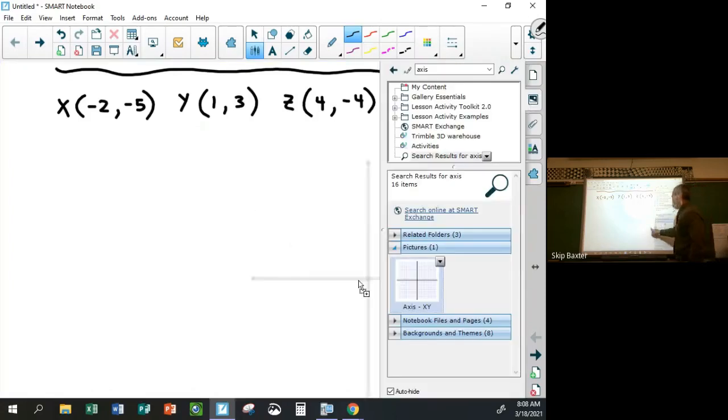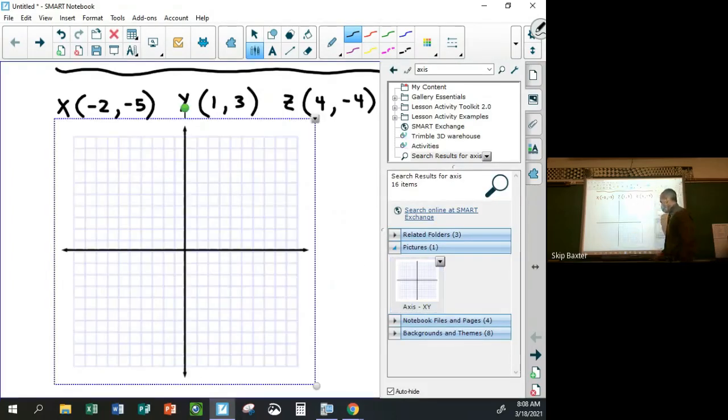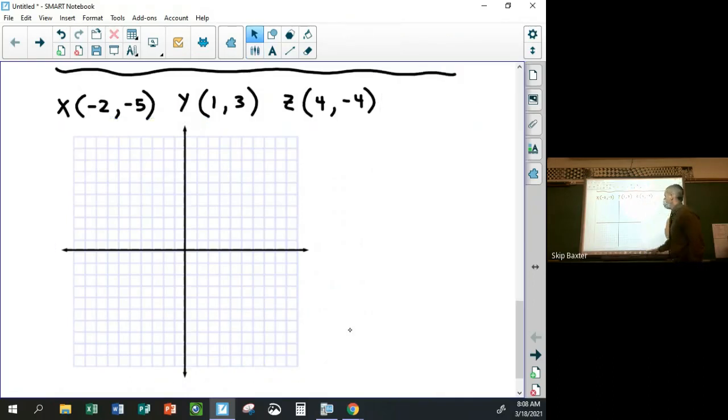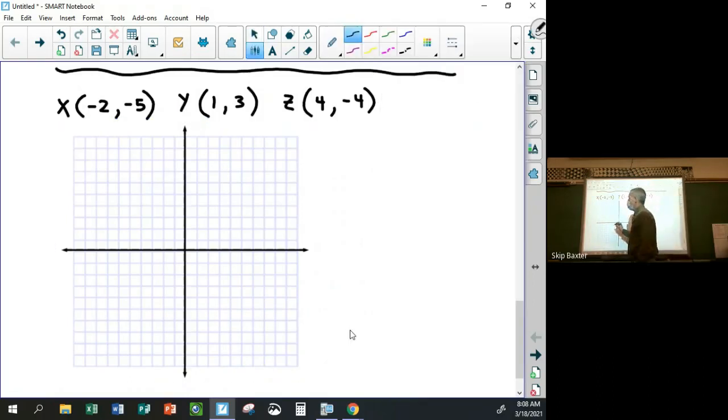Okay, so if I graph this, X is -2, -5. Y is 1, 3. Z is 4, -4. So there's the triangle that I'm looking for.